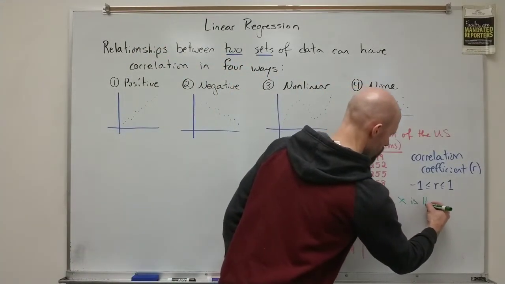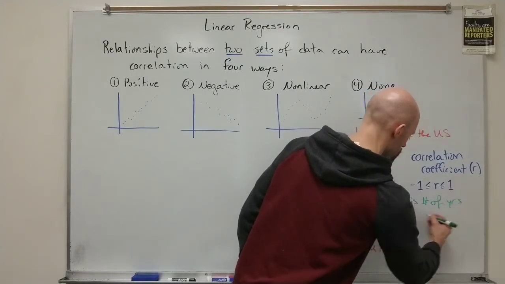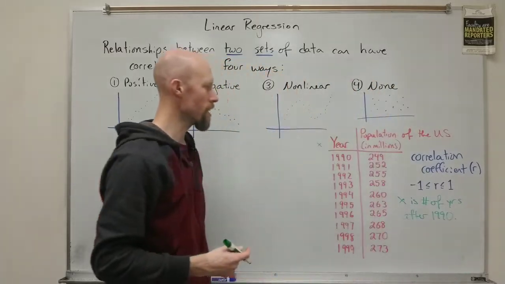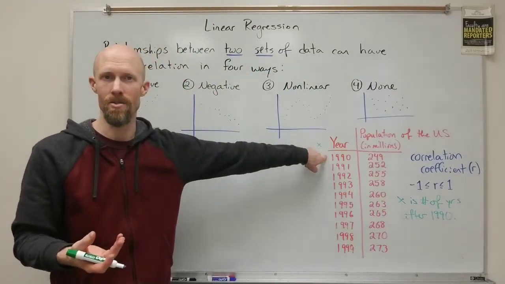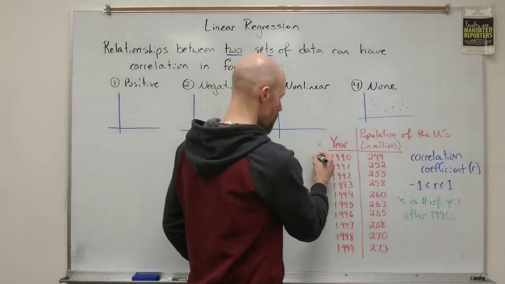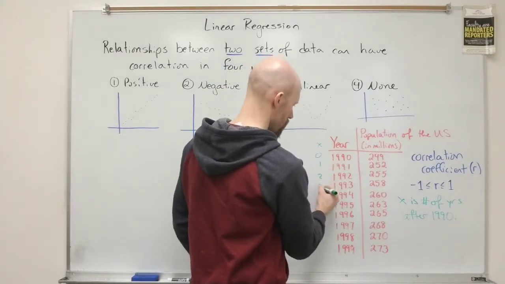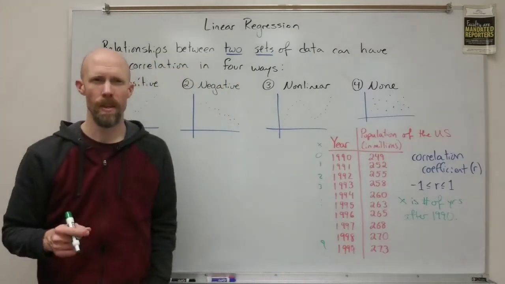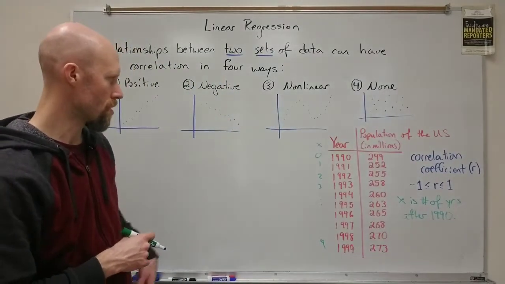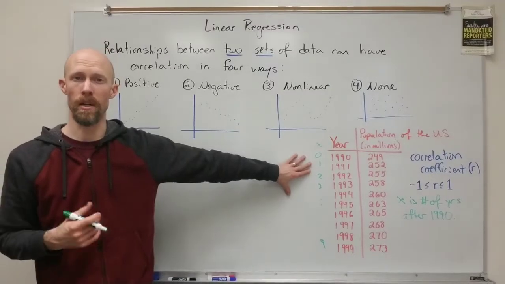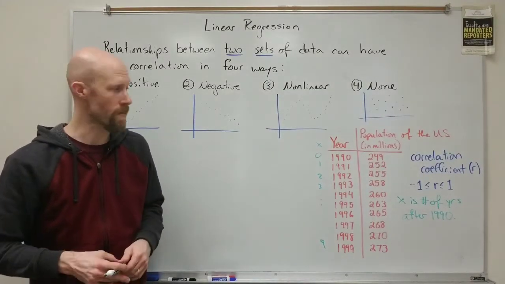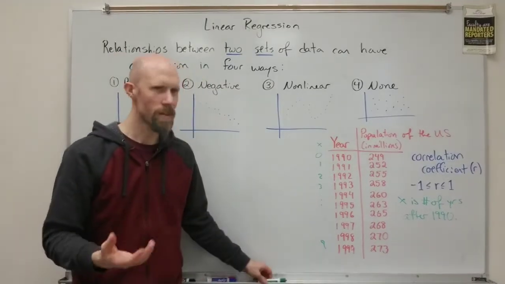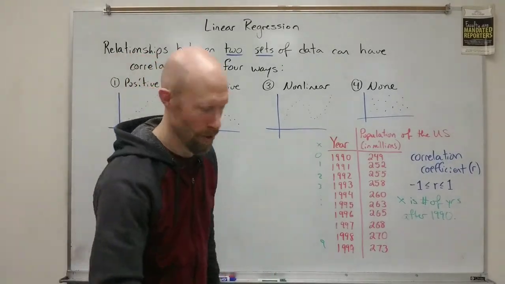X is number of years after 1990. Well, that means that 1990 is year 0, right? X value of 0, 1, 2, 3, and so on down to 9. Okay. And so that's the value that I'm going to plug in for my data. For purposes of this, it doesn't really matter. I could put the whole thing in, but just to ease our burden of typing, we'll go with that.